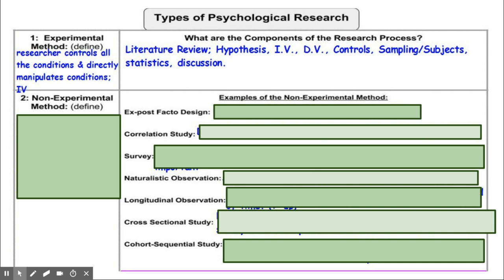And what this is, is a collection of a lot of different periodicals and previous research that for the most part is kind of in the same area that you are going to design your experiment around. And what it's going to tell us is what has already been found, what we kind of already know from previous experiments. From that, you're going to be able to define or develop your hypothesis.